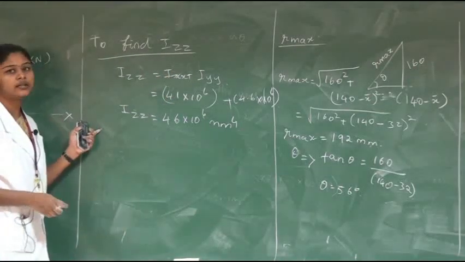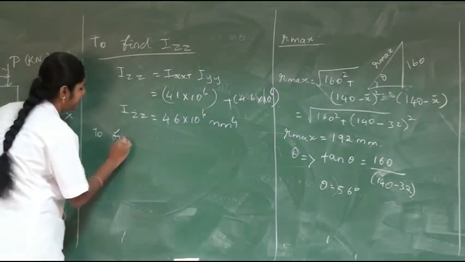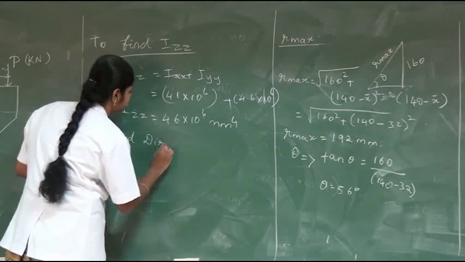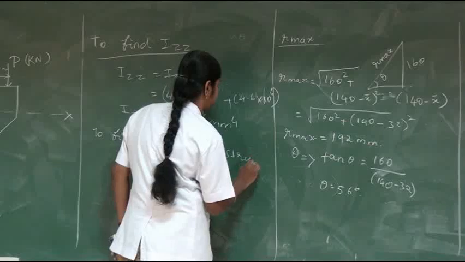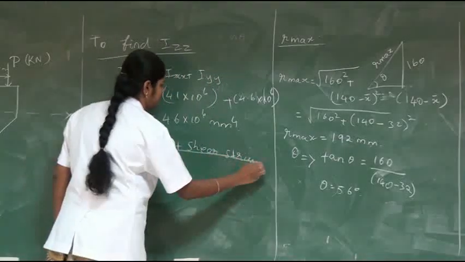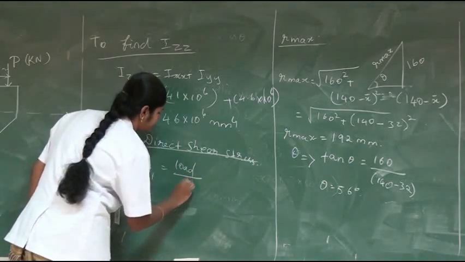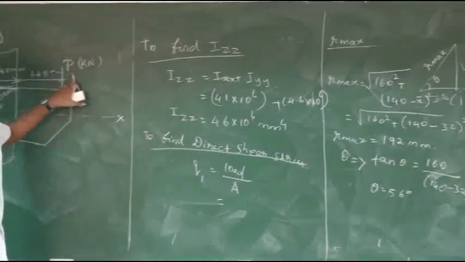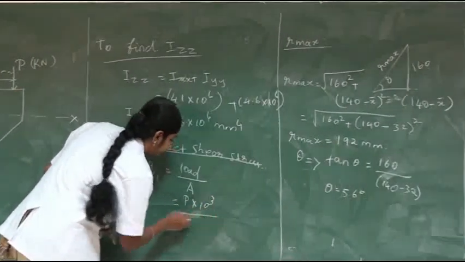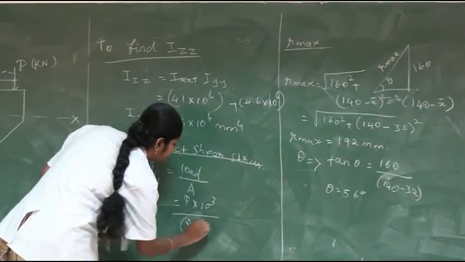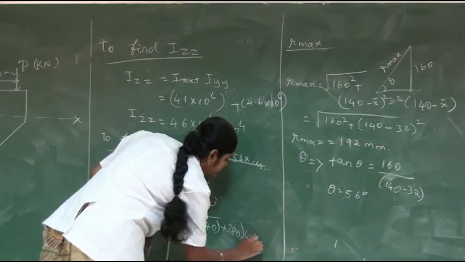After calculating Izz, we have to calculate the resultant stress. For that you have to find the direct shear stress. For that we know the formula Q1 is equal to load by area. Here we have to find the load, that is P. So you can substitute P into 10 to the power 3 divided by the area of the weld, 2 into breadth 140, then depth 380 and thickness 4.2.